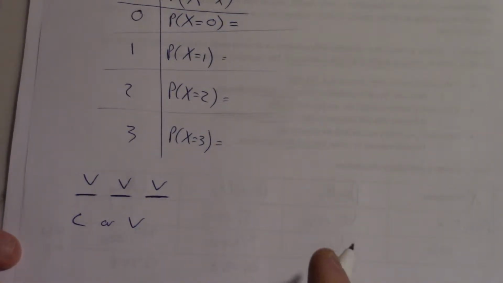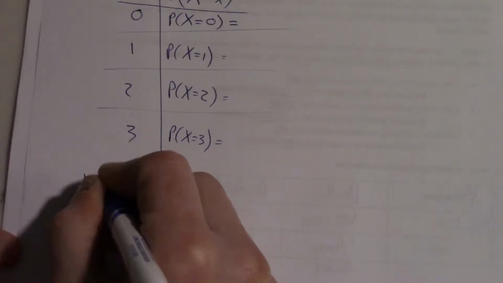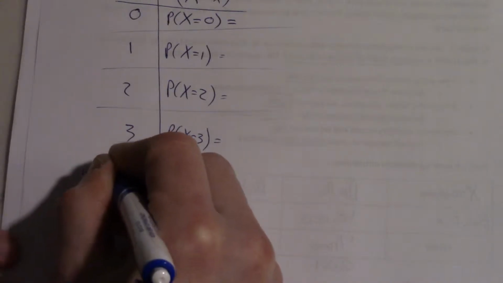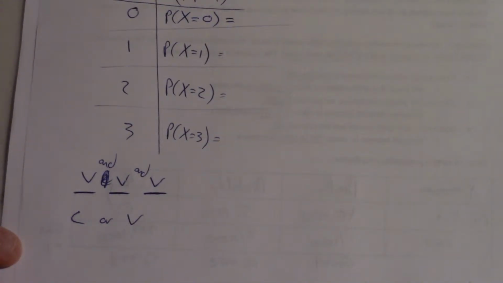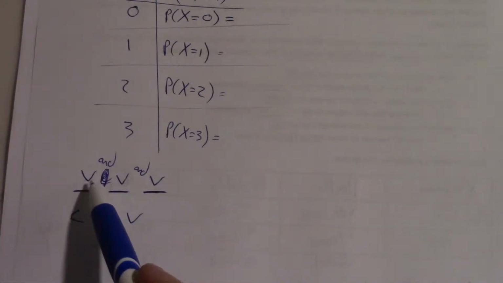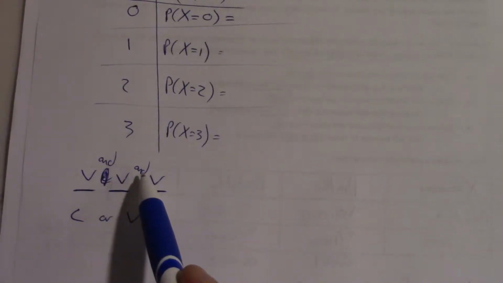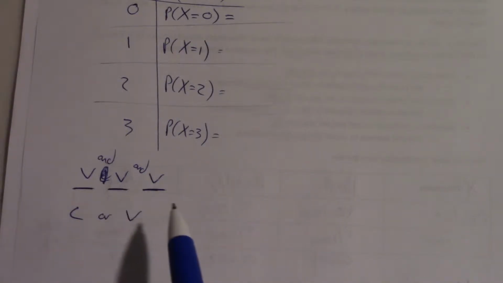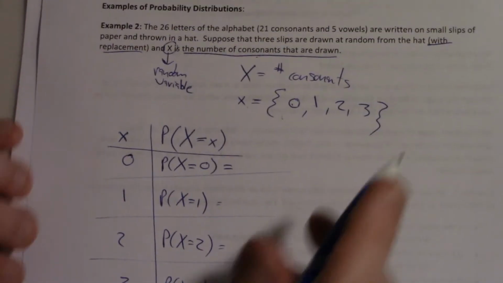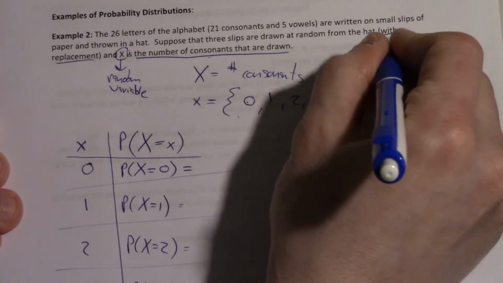Like we saw in the marble problem. There's an and between each of these. So what we're saying is we draw a vowel, we put it back, and we draw a vowel, we put it back, and we draw a vowel. So we want to know what's the probability that we see this outcome. So in the problem we were told we're doing selection with replacement.